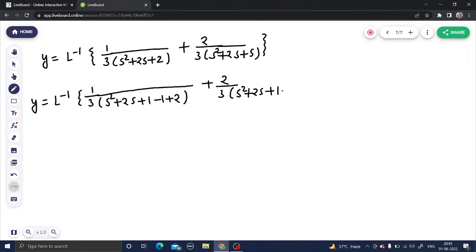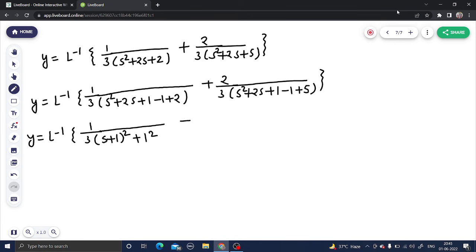Again add 1, subtract 1, plus 5 is already there. So y equals Laplace inverse of 1 upon 3. Now this is s plus 1 whole square, and 2 minus 1 is 1, so I can write that as 1 square. Then 2 by 3, again s plus 1 whole square.